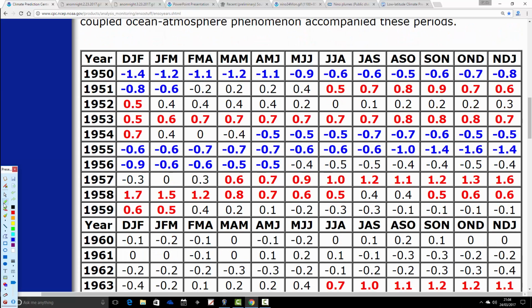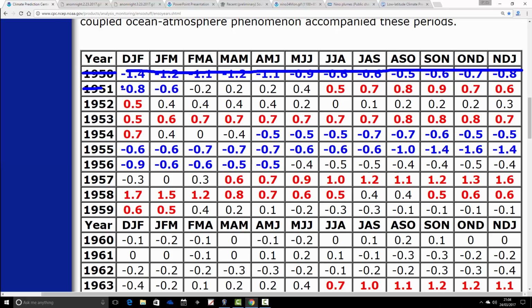So, for example, here we are in 1950, 1951, with a La Nina that lasted throughout the whole of 1950. That went on into 1951, but interestingly, it flipped to El Nino in the second half of 1951, and that continued into the start of 1952, and another El Nino there through 1953, and so on.